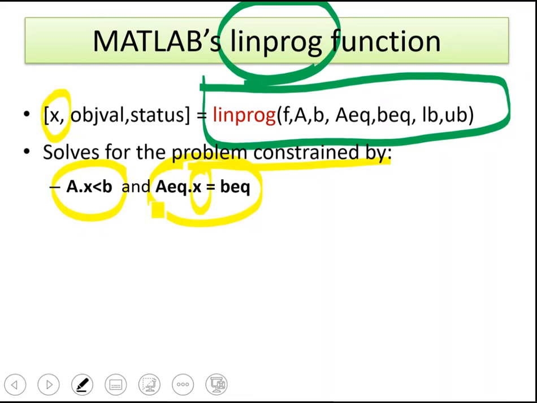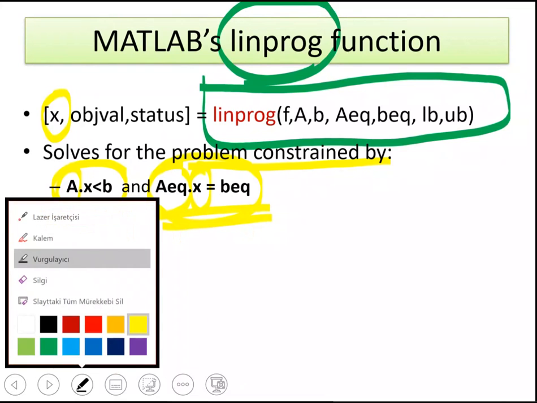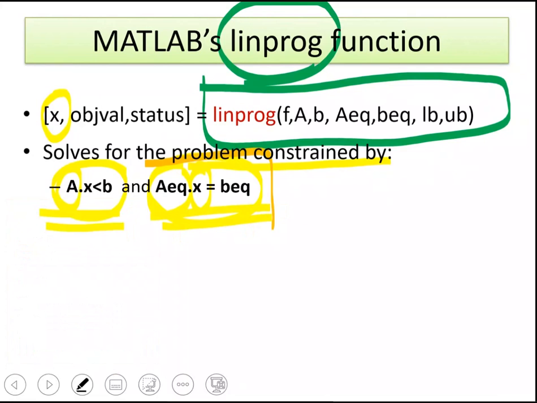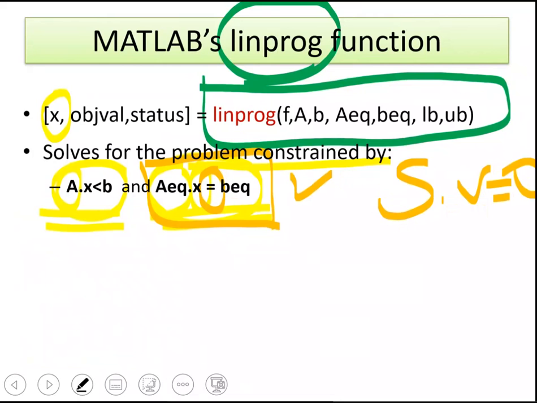A, Aeq and so on are matrices. Which of those two forms resembles our mass balance constraints? The second one, right? Our set of equations is S dot v equals 0. So we have equality-based constraints. This is the form that we have.